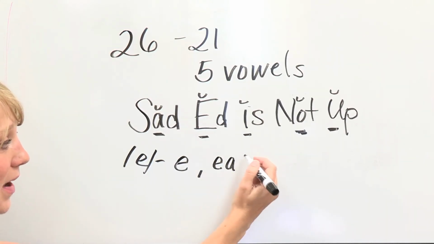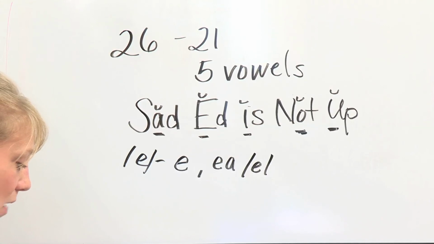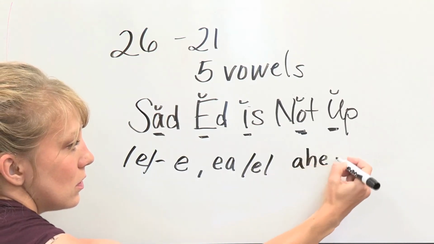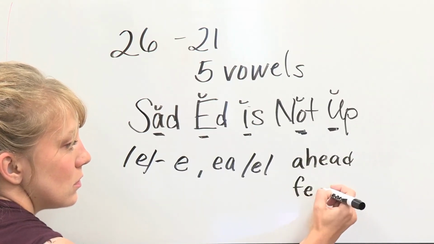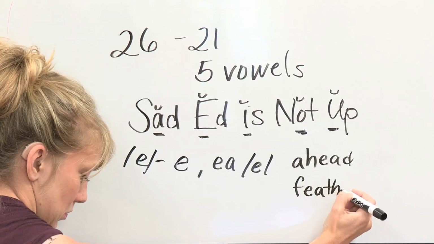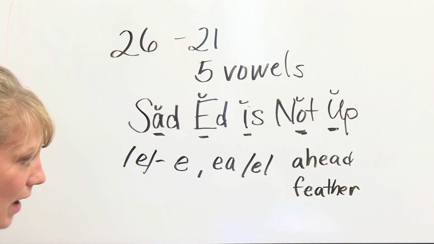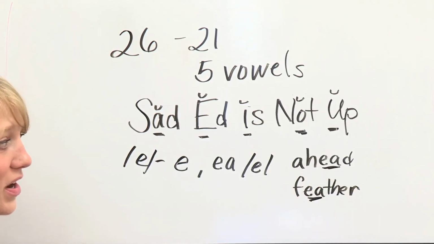So EA can make the short E sound, as in the words ahead, feather, tread, heaven, dead, head. So together, if you notice, they make the short E sound.